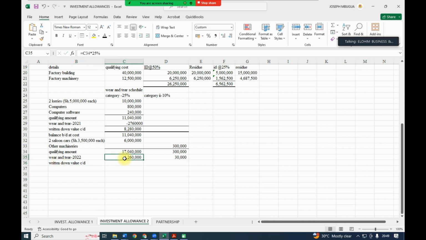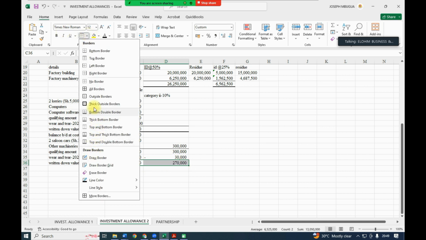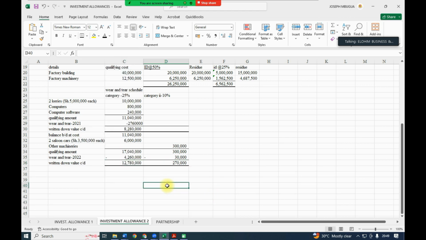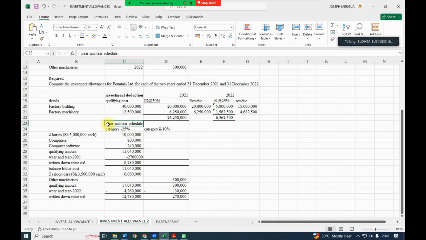So this one we were supposed to include a negative sign. Even this one was having to carry a negative sign, so that the total that we shall have is without. And you'll use the top and bottom border. So that is the wear and tear schedule for the 2 years, for 2021 and for 2022.